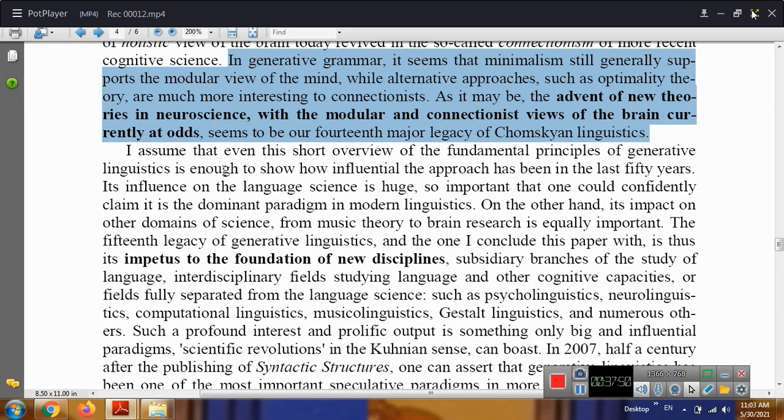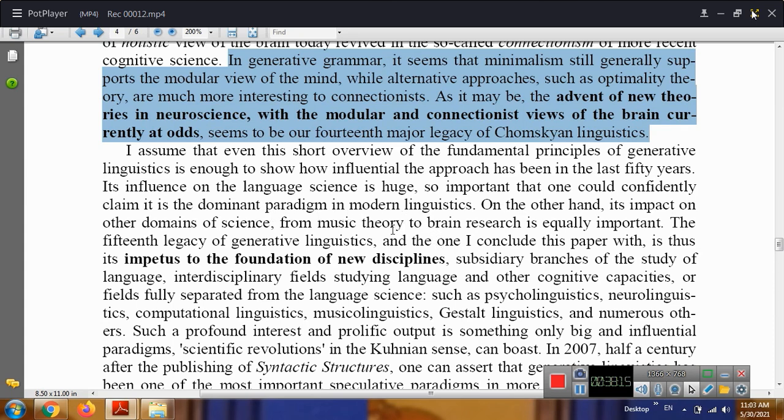The author assumed that even this short overview of the fundamental principles of generative linguistics is enough to show how influential the approach has been in the last 50 years. Its influence on the language science is huge, so important that one could confidently claim it is the dominant paradigm in modern linguistics.